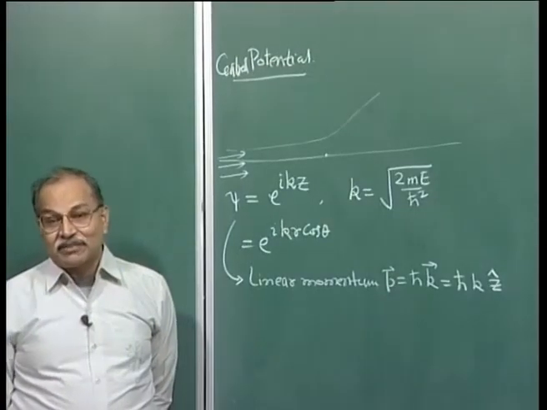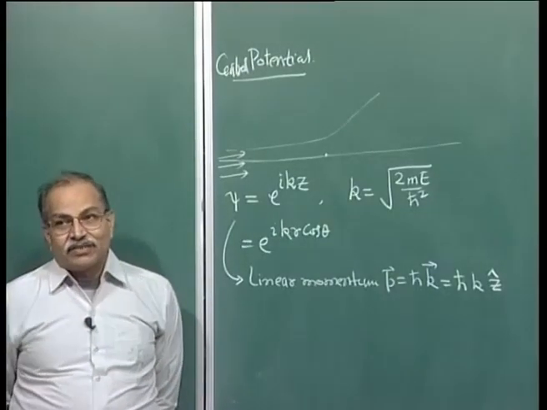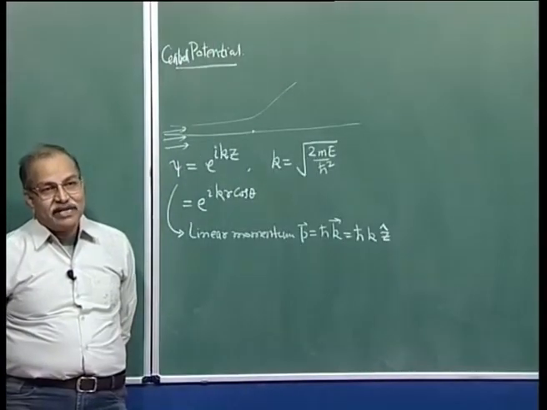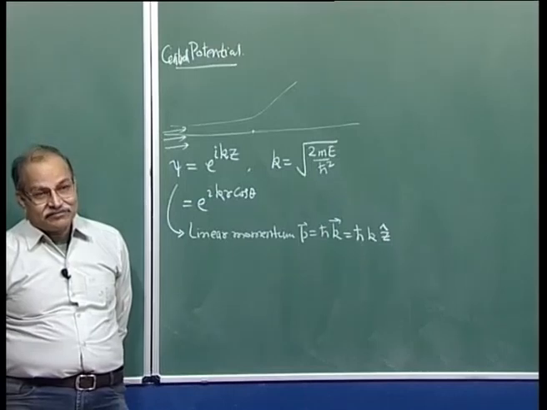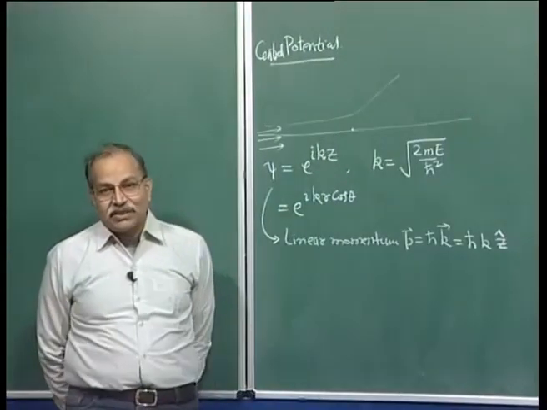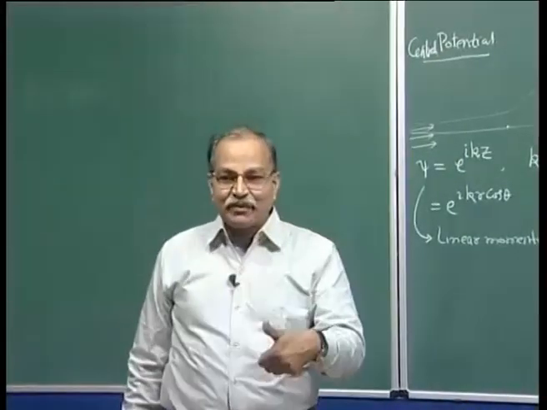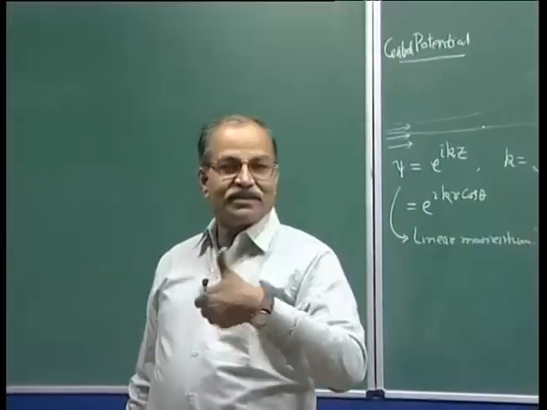What about angular momentum? This is not an eigenfunction of the angular momentum operator. So, for this same state of the particle, if you ask what is the linear momentum, I have a definite answer, this is the linear momentum.